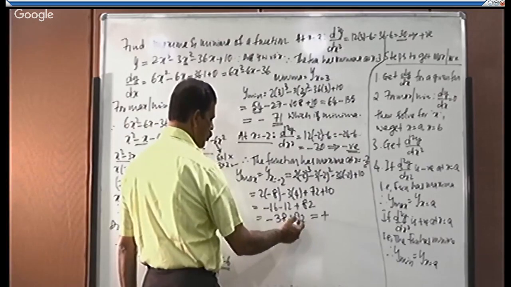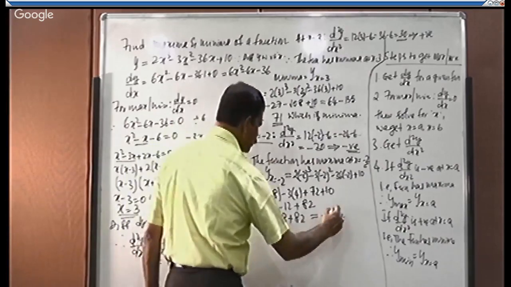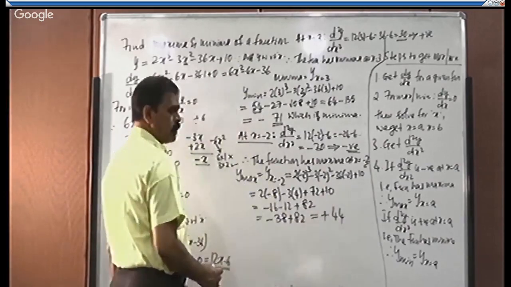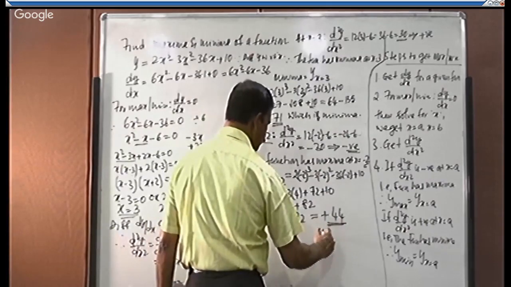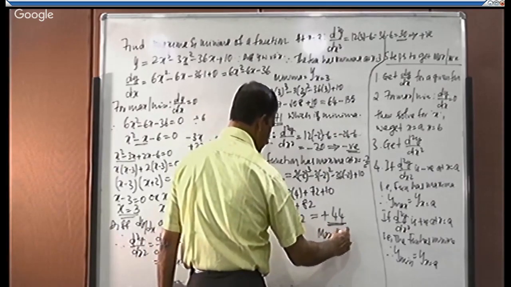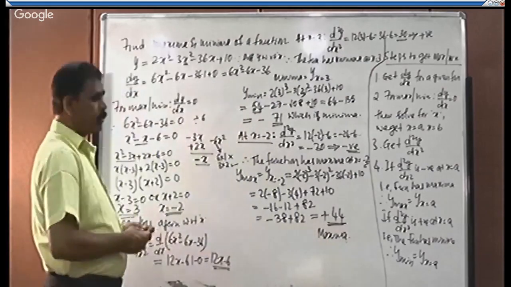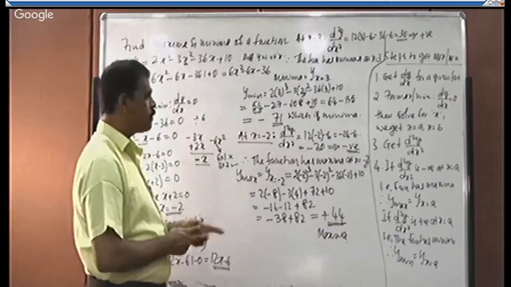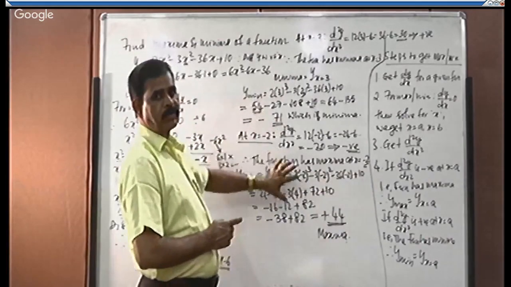12 minus 8 is 4. 7 minus 3 is 4. This is the maximum. We followed all the steps. Finally, we got the maximum value as well as the minimum value.